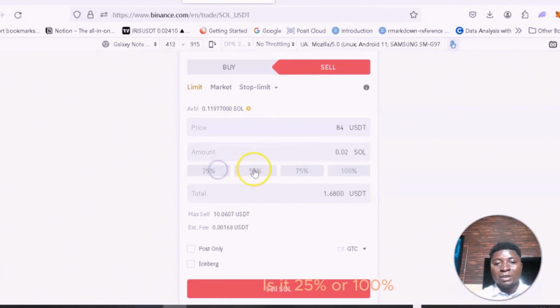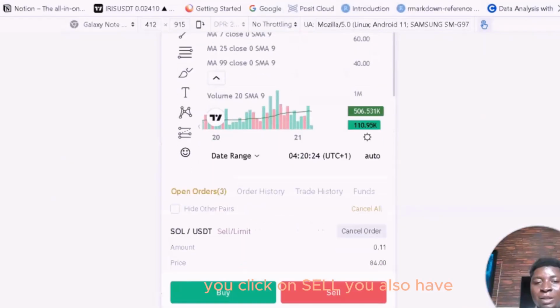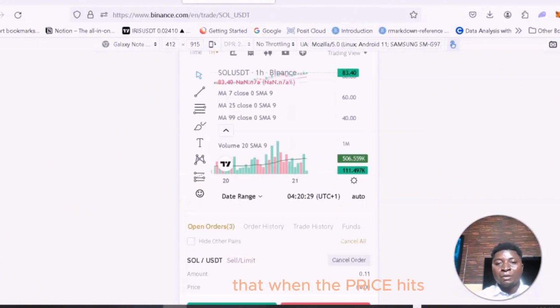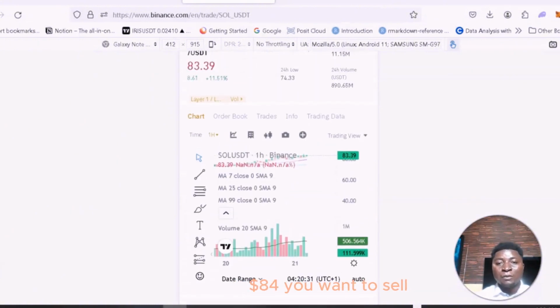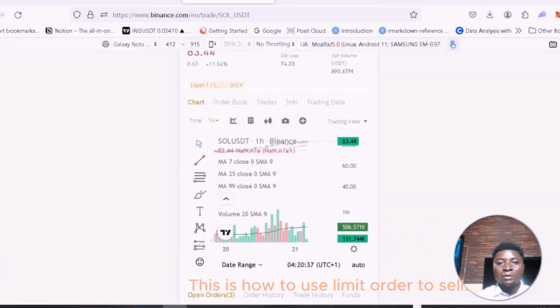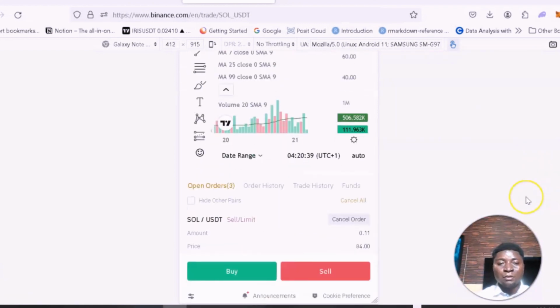Is it 25%? Is it 50%? If you are interested in selling just 50%, you click on 50%. If it's 100%, you click on 100%. Then you click on sell. You also have an open order. That means you are saying that when the market hits $84, you want to sell this number of SOL. So that is how to use limit order to sell.